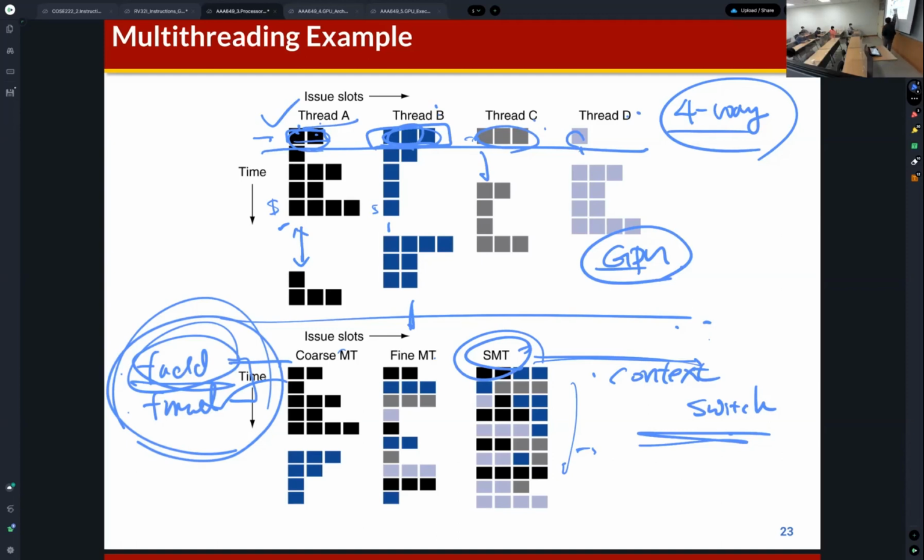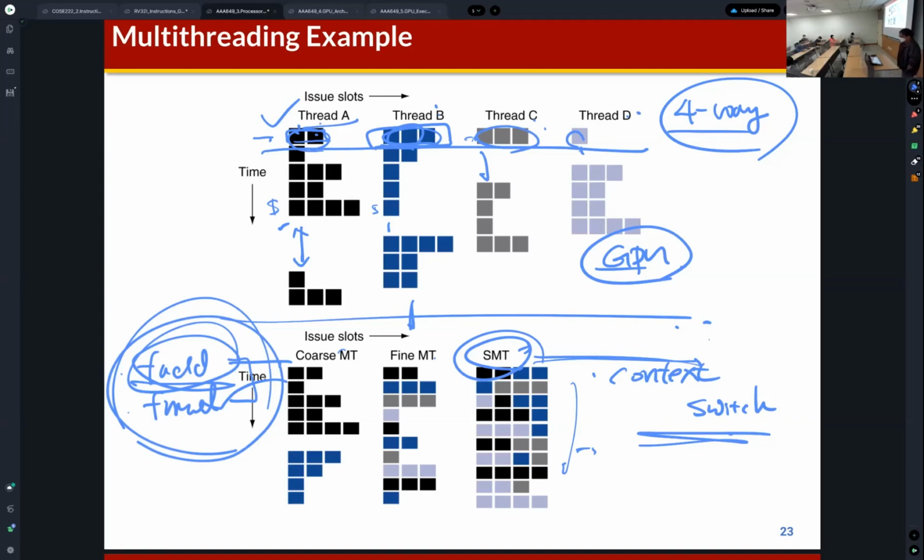In fine-grained multi-threading, the thread executions are switched every clock cycle. This means that even though this is a floating point add, and the following instruction requires data from the floating point add, we can find available instructions between this floating point add and the floating point multiplication.